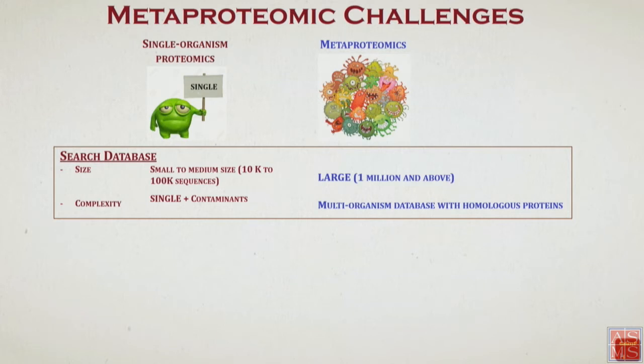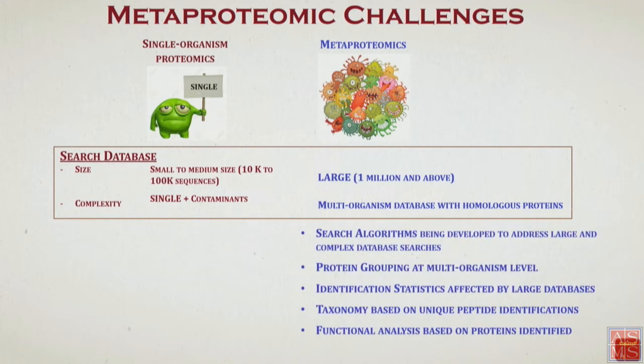While the metaproteomic databases are much larger because you are looking at multiple organisms, and sometimes you are looking at public repositories, which are much, much larger. The database also has multiple homologous proteins. As a result of that, there have been challenges that have been put forth, which are more pronounced for metaproteomics.